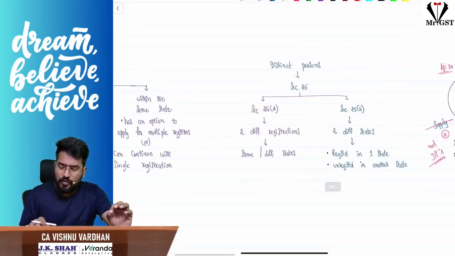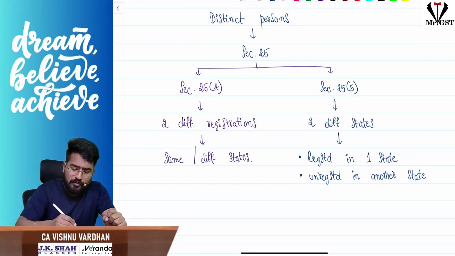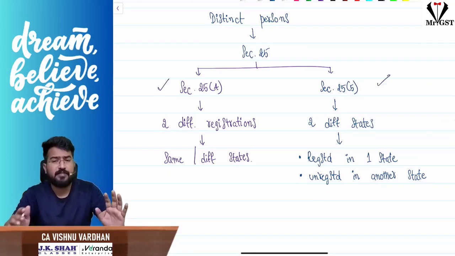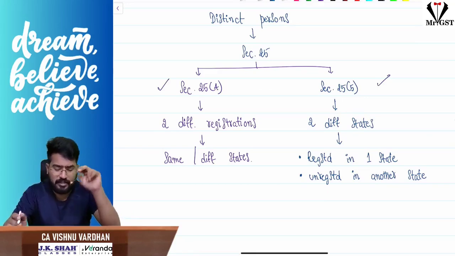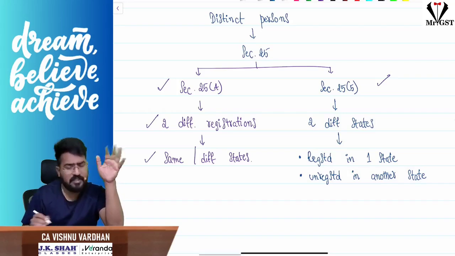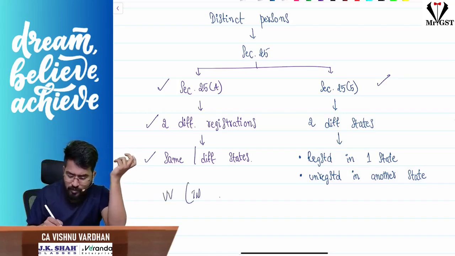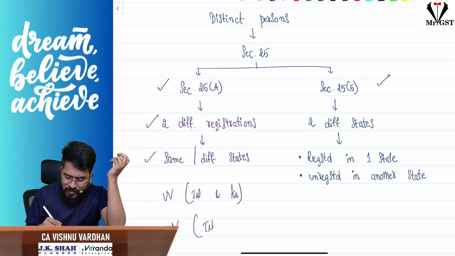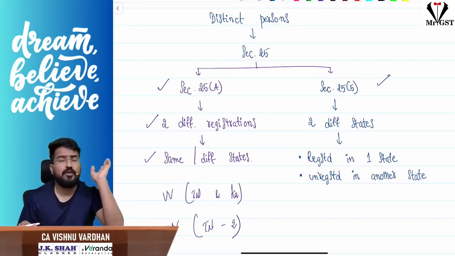So distinct persons, the meaning is given in section 25, subsection 4 and subsection 5. Subsection 4 says you should have two different registrations, maybe in the same state or in different states. As I told you, Vishnuvardhan registered in Tamil Nadu and Karnataka, or two registrations in Tamil Nadu, maybe in Chennai one registration, Coimbatore another registration.